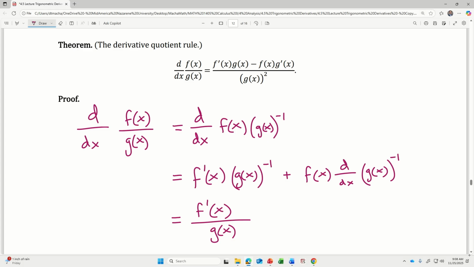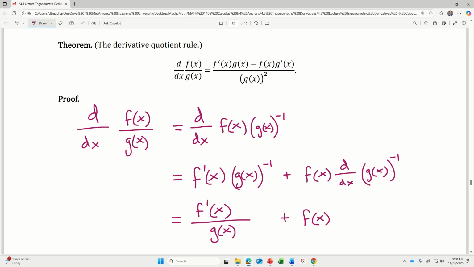And then the second part is going to be f of x times, well, the chain rule, right? We already proved the derivative chain rule earlier, maybe last week, I don't know. Yeah, it was last week at some point. But the derivative chain rule says first I'm going to take the derivative of the outside function, which is just the power function x to the negative 1, and then I'll take the derivative of the inside function and multiply.